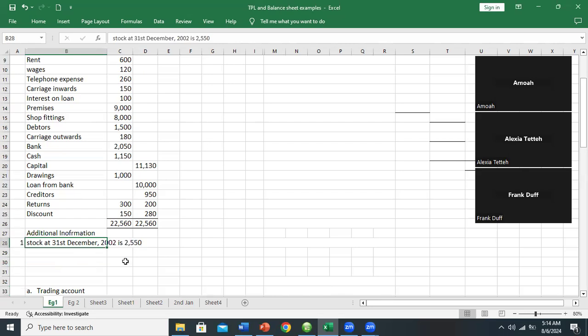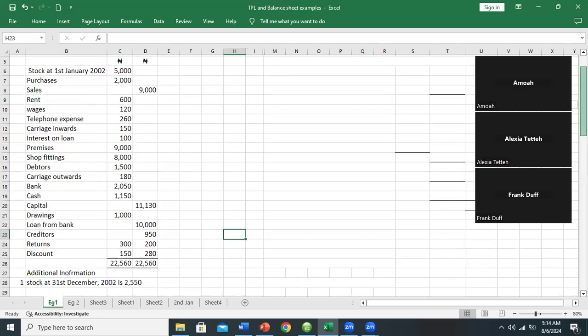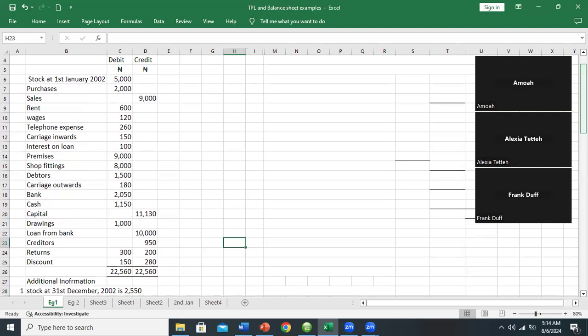Stock at 31st December 2002 is 2,550 naira. I'm done.